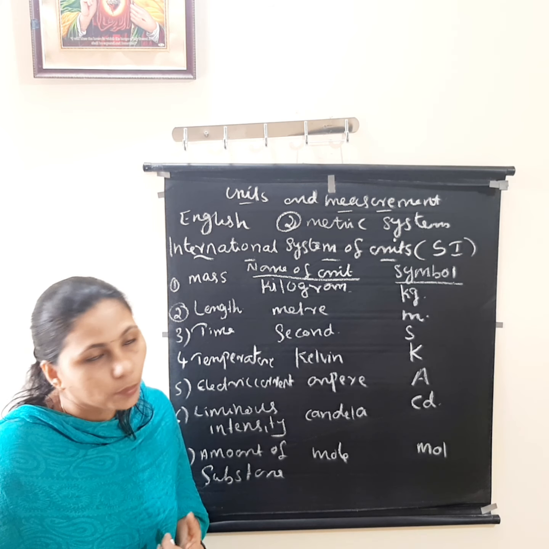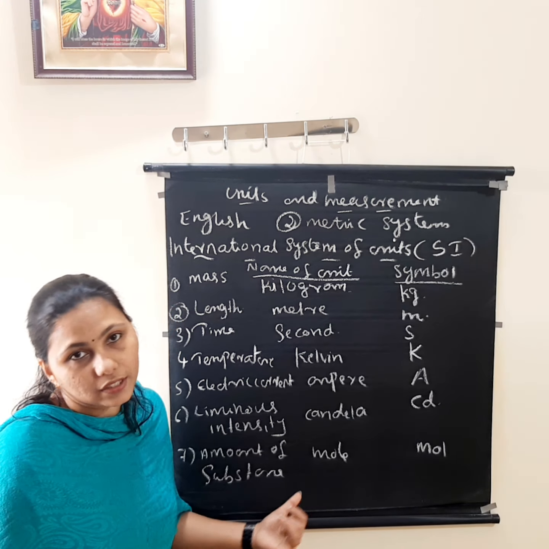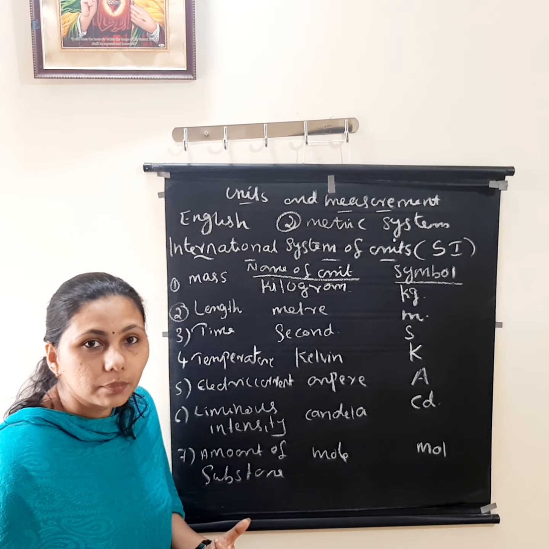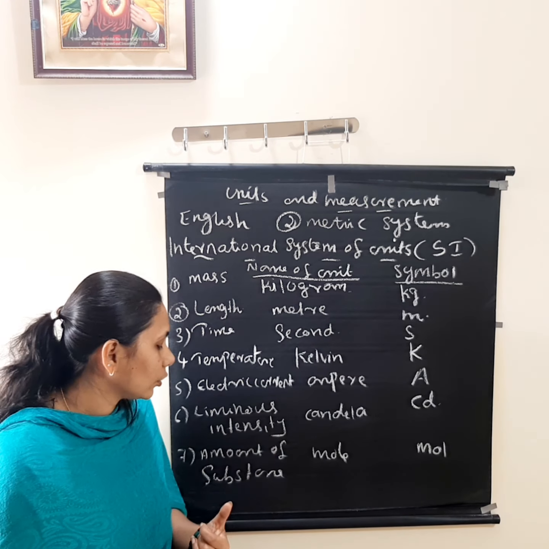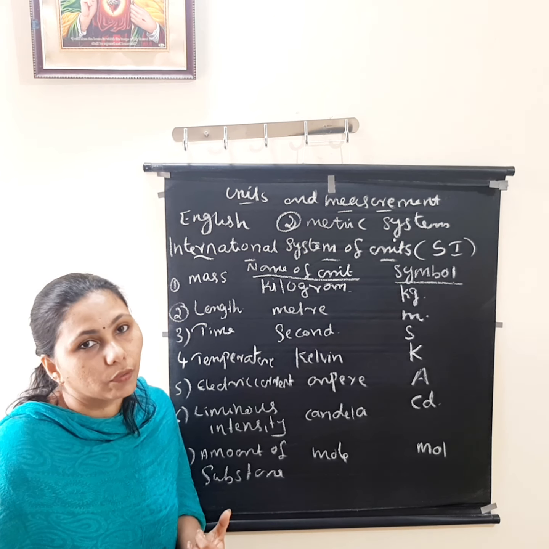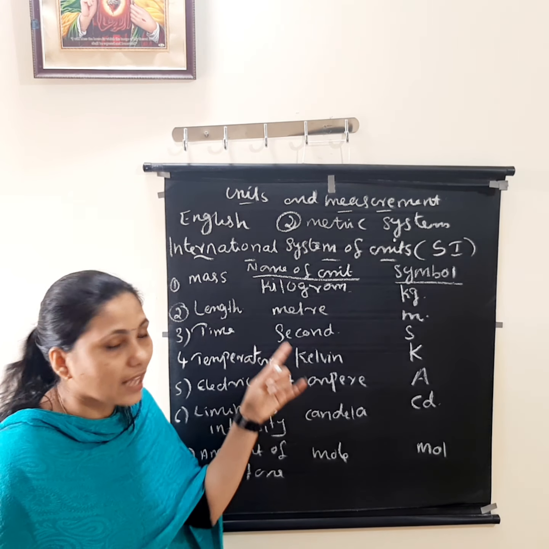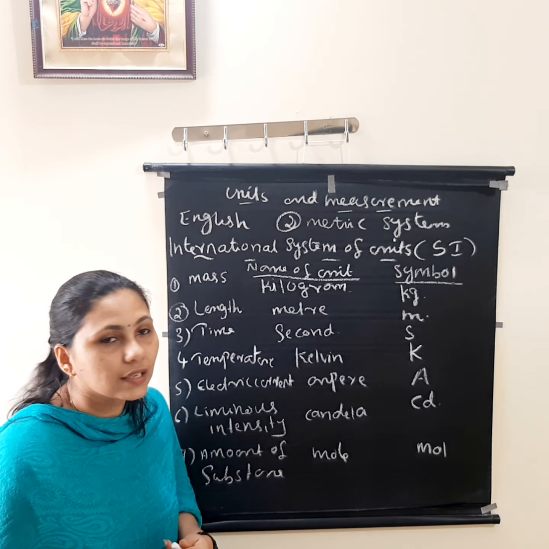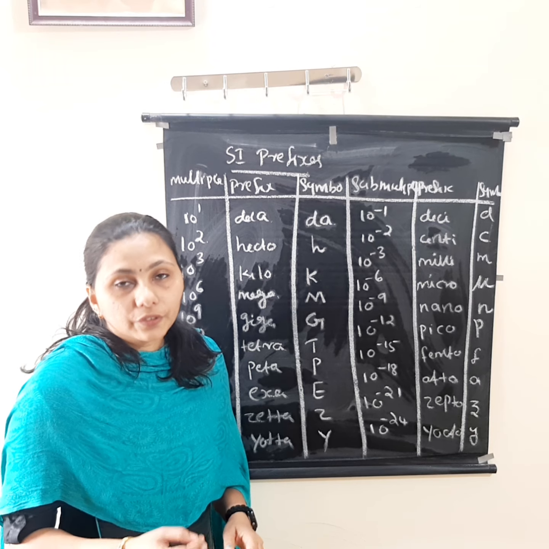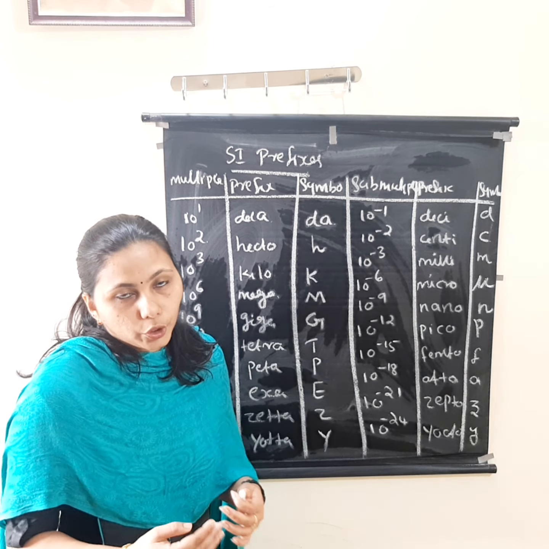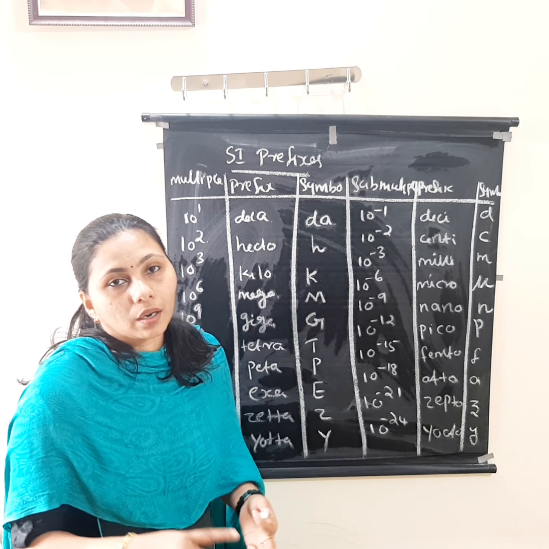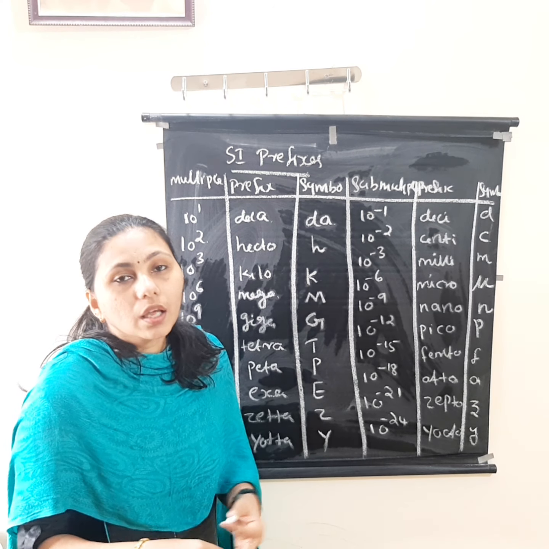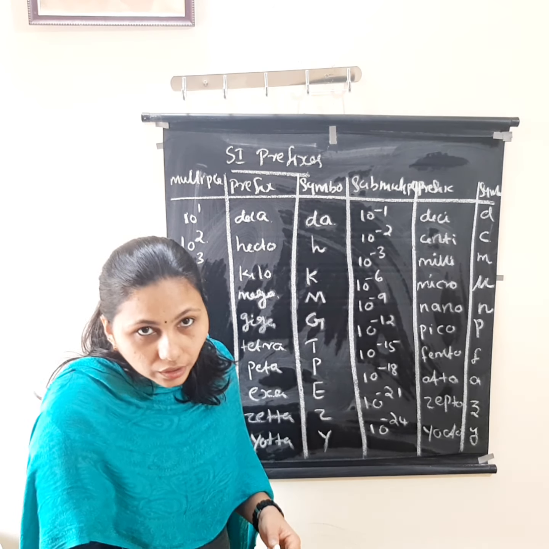It has 7 basic units for measurement: mass, length, time, temperature, electric current, luminous intensity, and amount of substance. So is it clear to all of you, these 7 basic units according to the International System of Units? Definitions for the names of the units like meter, kilogram, candela, ampere, etc. are given in the note.